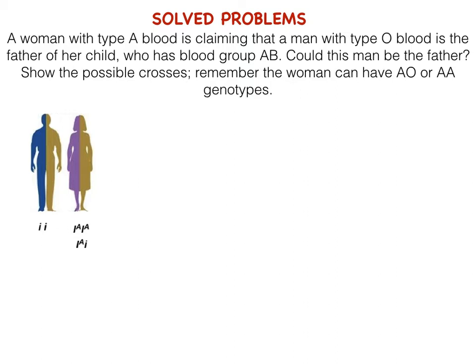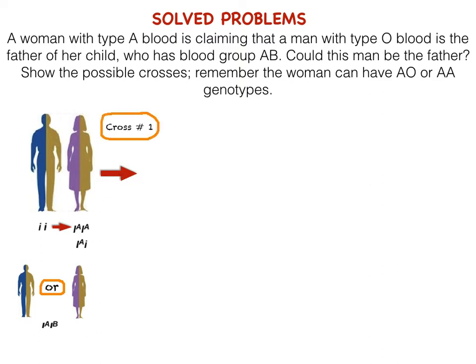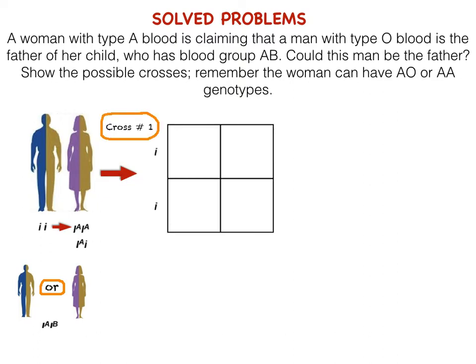and do the crosses, two Punnett squares, to find out if this man, who is homozygous for O, or in other words has O blood type, can be the father of a child who is AB. Again, the child, girl or boy, has an AB blood type. So the first cross, if the woman is homozygous for A, cross 1. You can see the man's genotype on this side, the woman's genotype on the top, and these are the possible combinations.